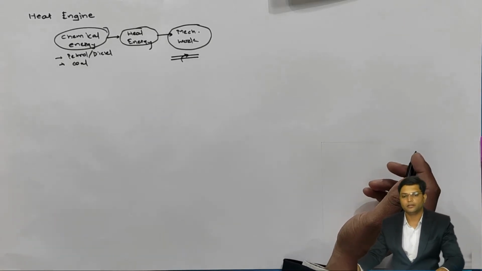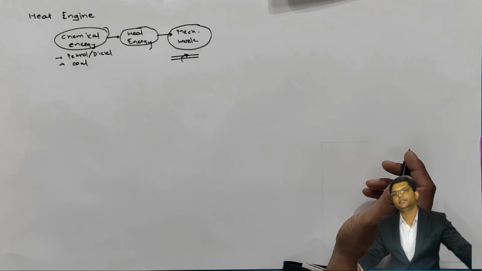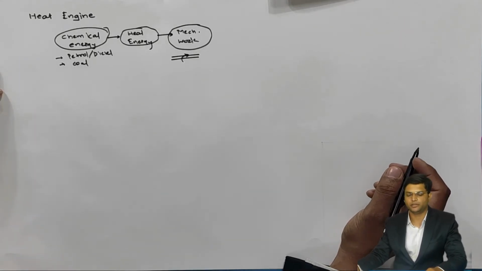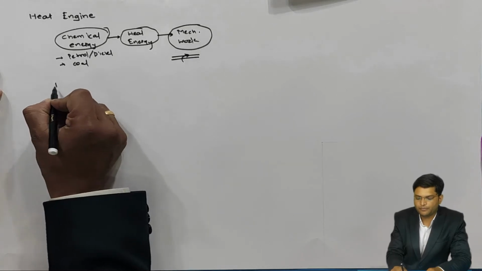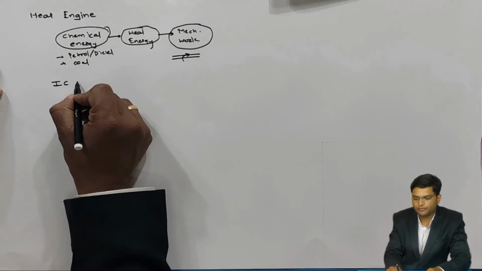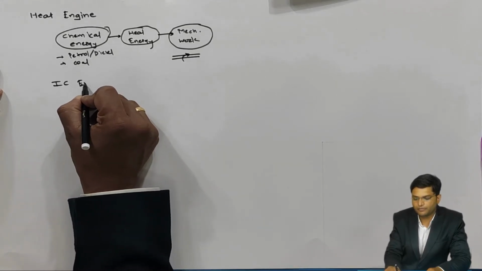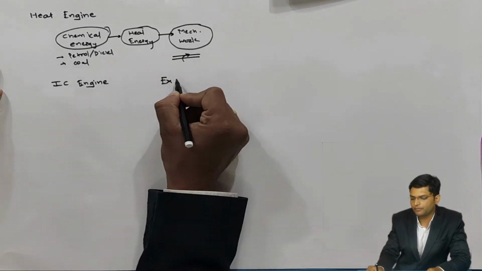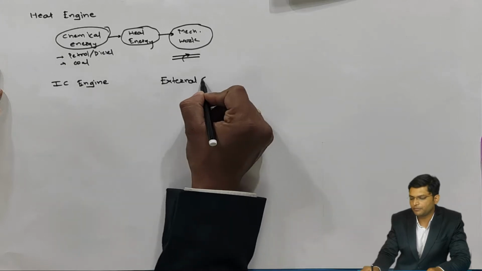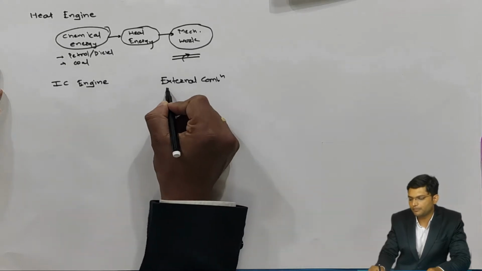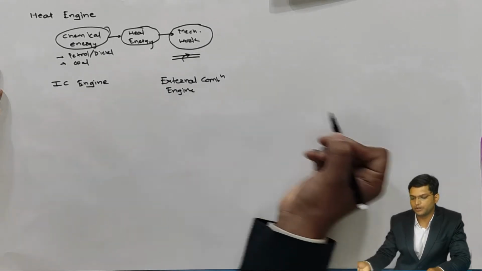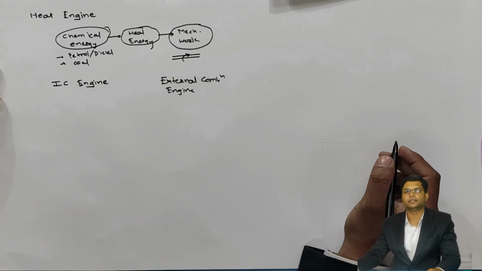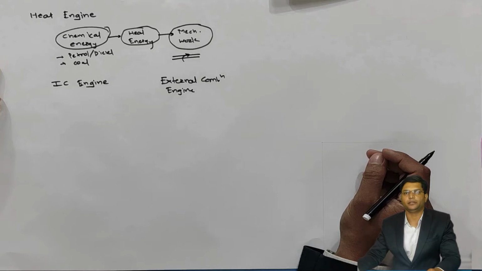There are two types of heat engine. The first one is the internal combustion engine and the second one is the external combustion engine. Internal combustion engine means the combustion takes place inside the cylinder piston arrangement.